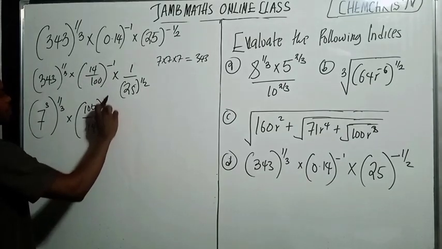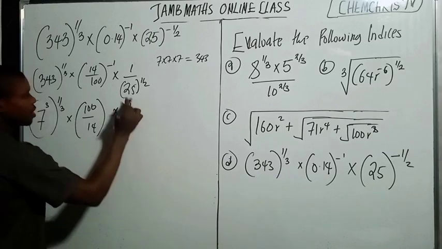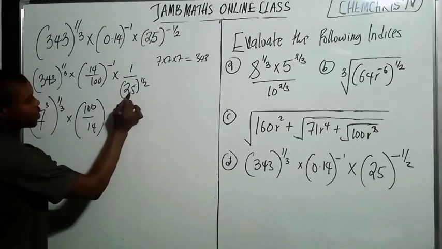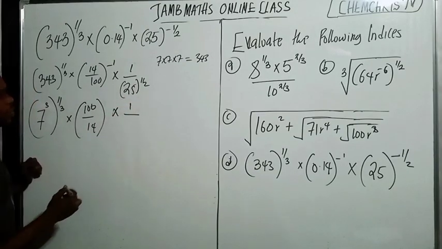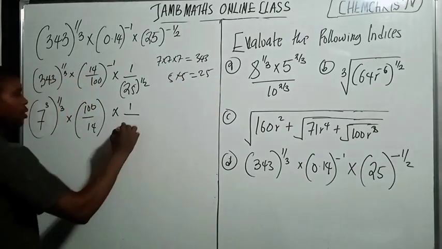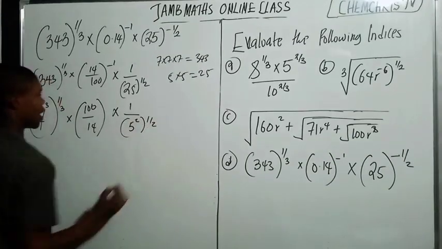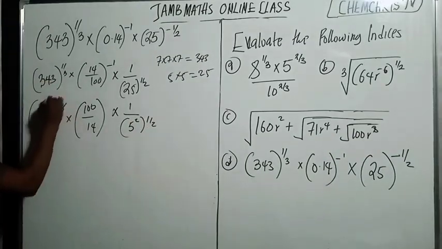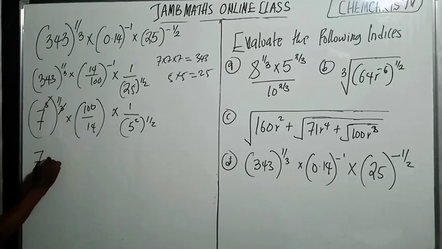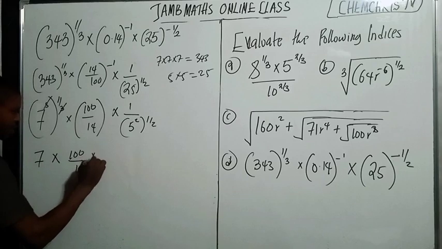Here we have 1. They are not going to put the 1 here, so let's ignore it. Times 1. Now, what do I multiply twice to give 25? So 5 times 5 is 25, right? So it will be 5 raised to 2, going out, right? So we cancel out this here, we have 7 times, here we have 100 over 14 times 1 over what?